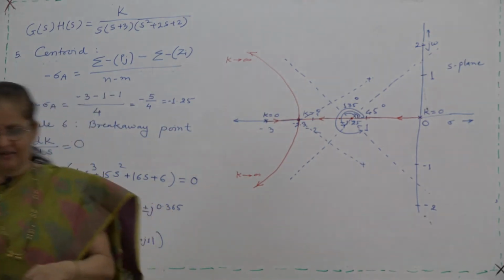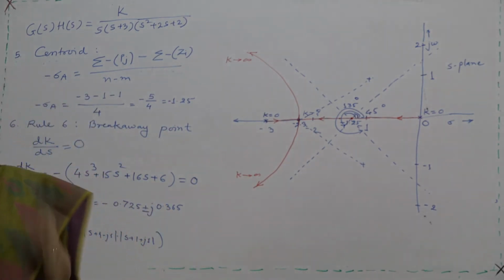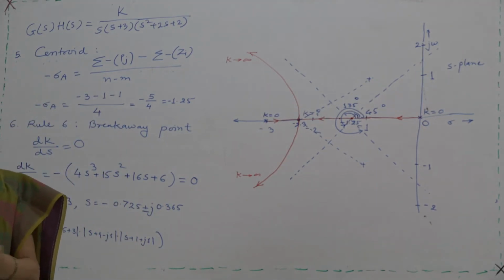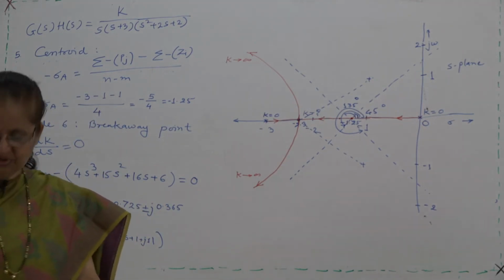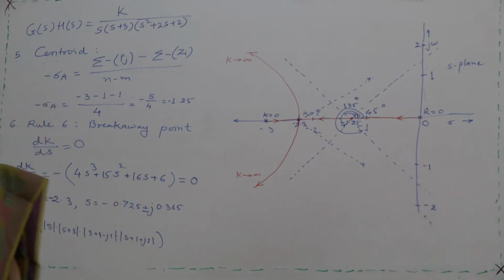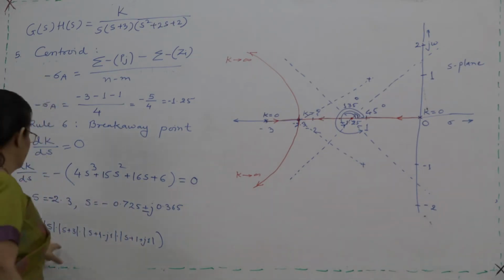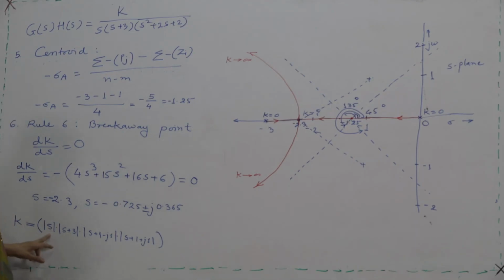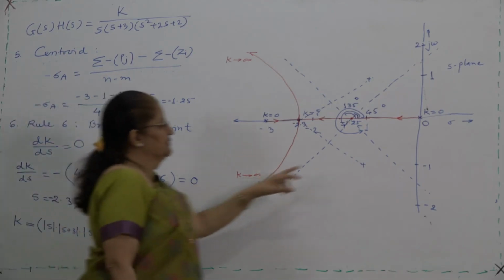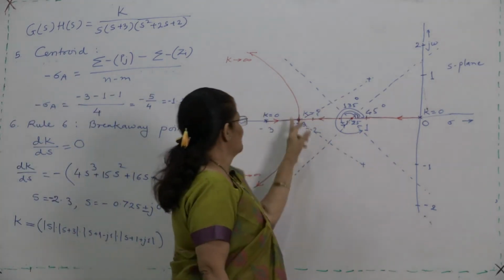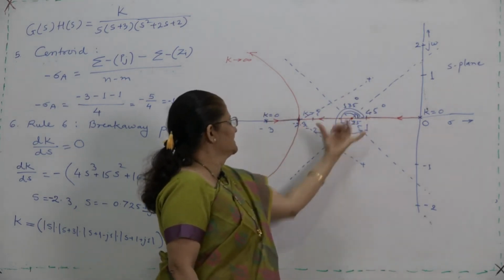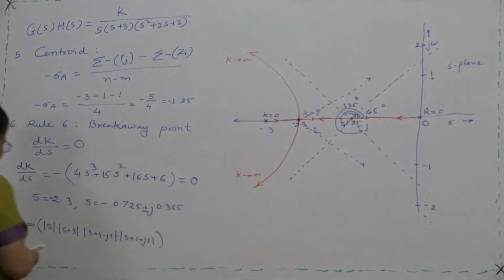Like that you have to find it. Similarly, I have to connect this point to minus 1 plus j 1 and minus 1 minus j 1 and measure these. How will you find it on the graph paper? Use the scale, measure the length of that phasor, and use it.